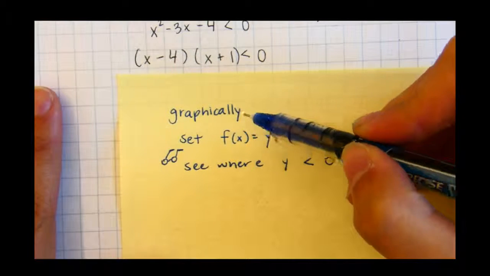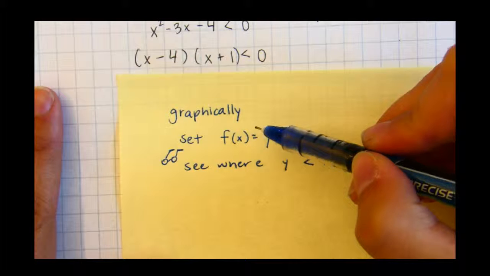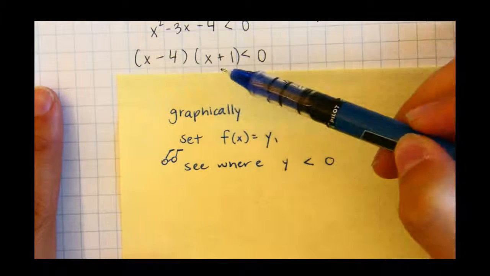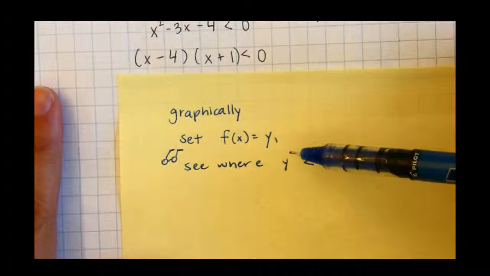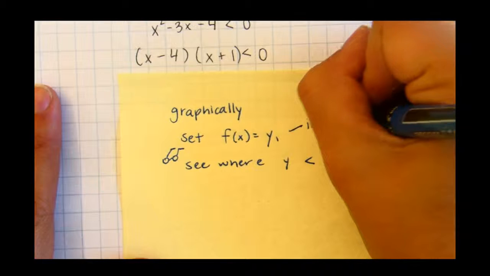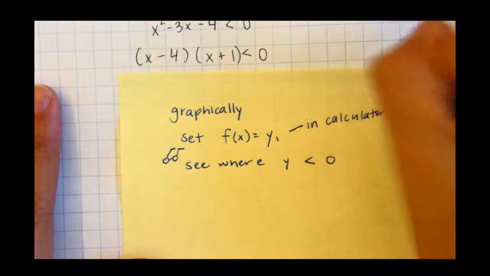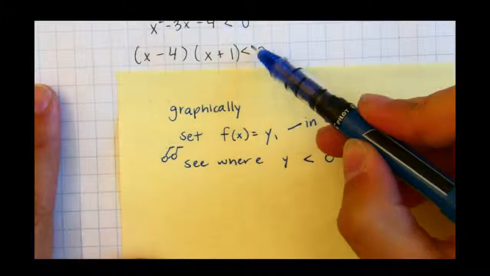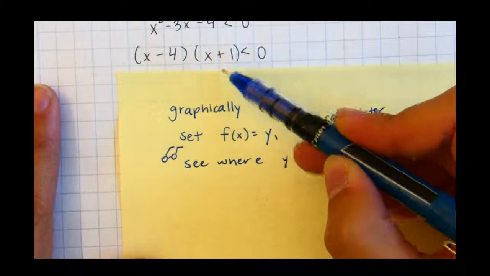I'm going to check this graphically. I'm going to set my f of x, so whatever this side is, where I've got my function, equal to y1 in the calculator. And then I'm going to look and see where, in this case, y is less than 0.